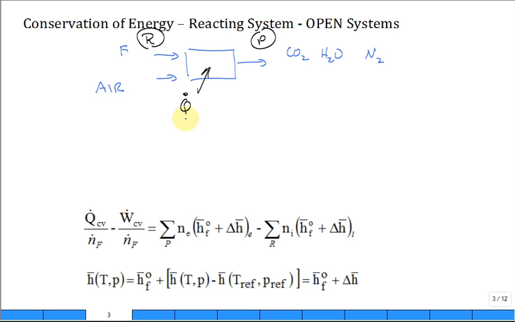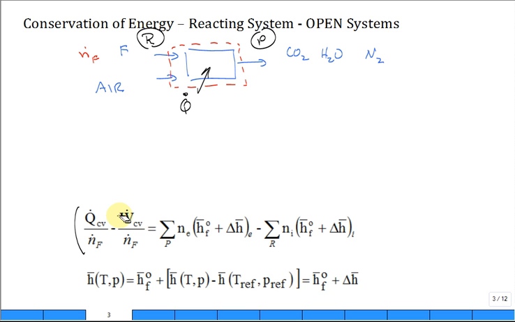And you can write the first law for a control volume, and here it is written. So and then we divide by the molar flow rate of the fuel coming in, N dot fuel, and so you have the rate of heat transfer into the control volume per rate of fuel flow rate into the control volume.